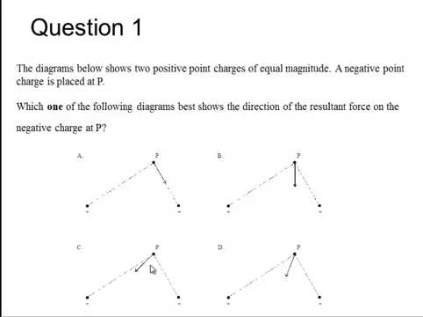The next one we look at is example C. Here, this is the total resultant force. What I need to think about is that there's a very small force due to the positive value at the bottom right hand side, and a very big force to the more distant positively charged particle. That doesn't make any sense.